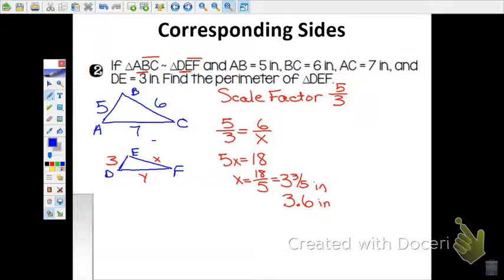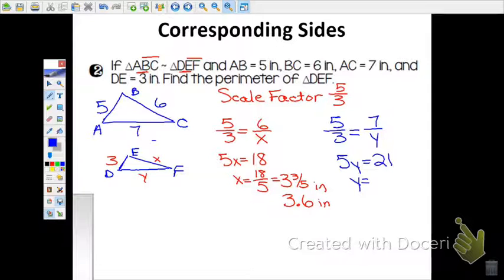Now we need to do the same thing for Y. So we use our scale factor, 5 over 3 equals 7 over Y. So cross multiply, 5Y equals 21.